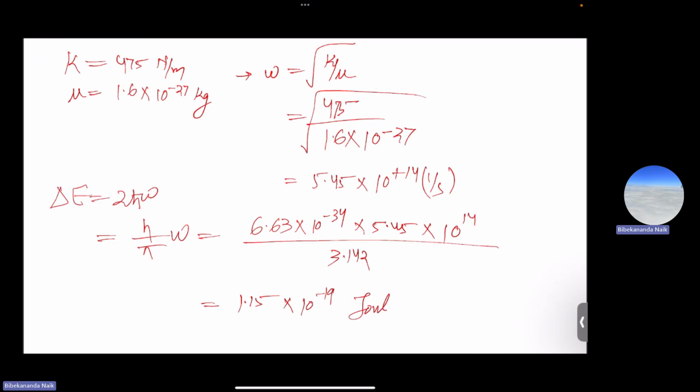Now this energy, if you convert it in terms of temperature, we can calculate it from the relation E equals kT. So kT is 1.15 into 10 to the power minus 19 joule.